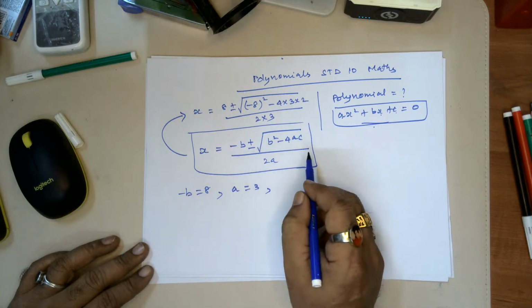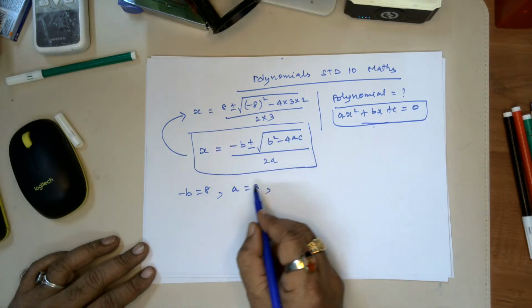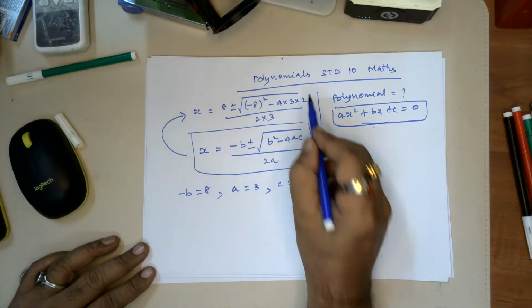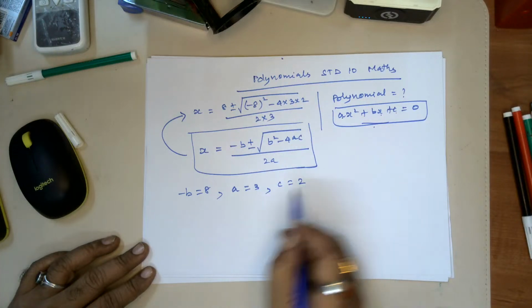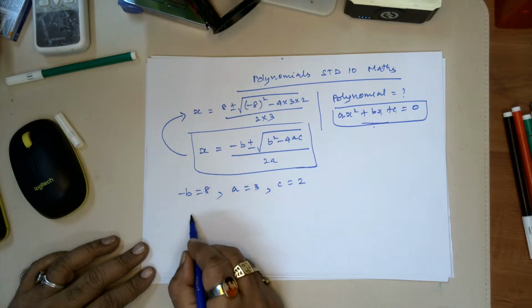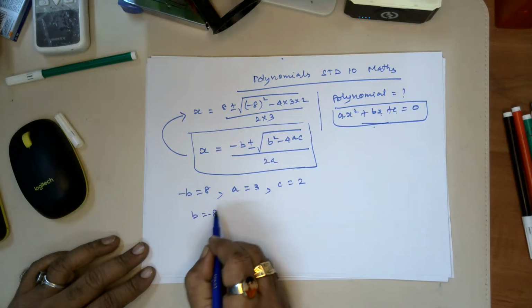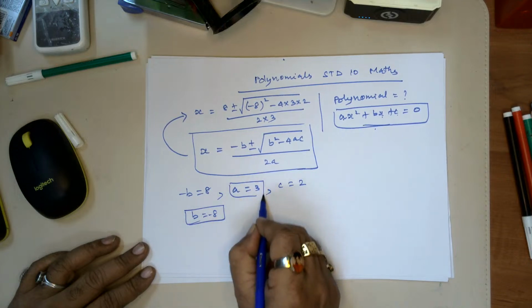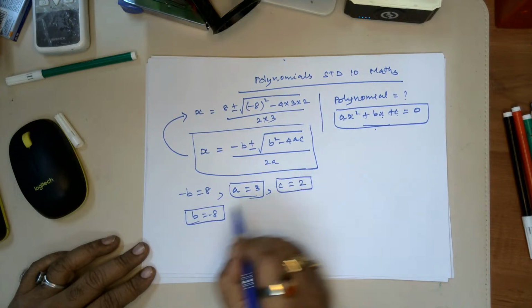And what about c? Let us compare c. That is 2. Therefore, if minus b is equal to 8, it means b is equal to minus 8. So b is equal to minus 8, a is equal to 3, c is equal to 2.